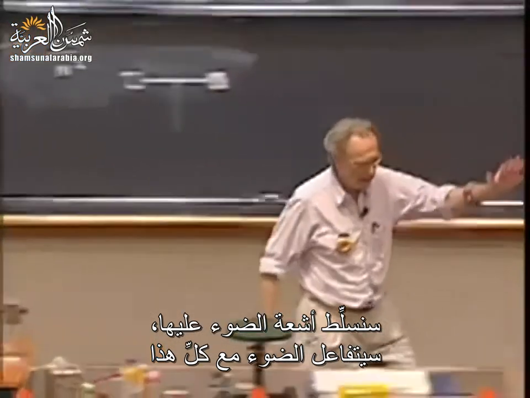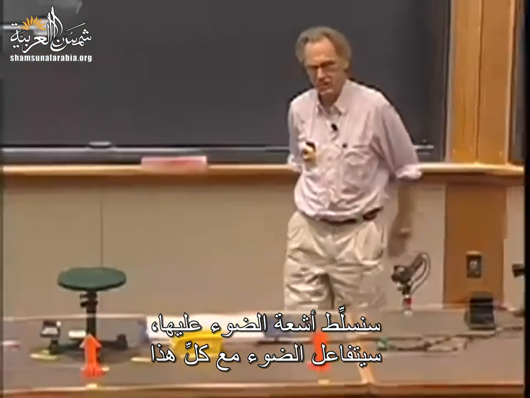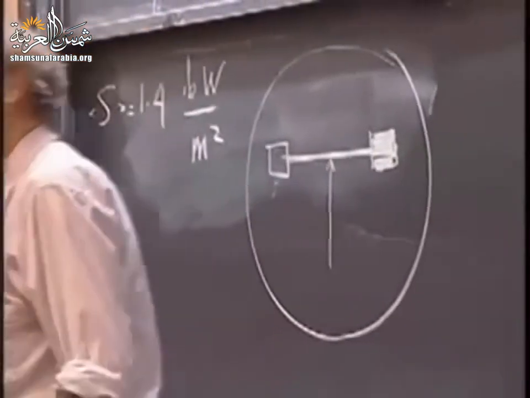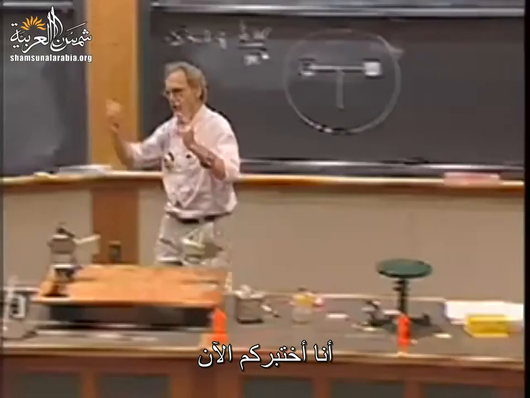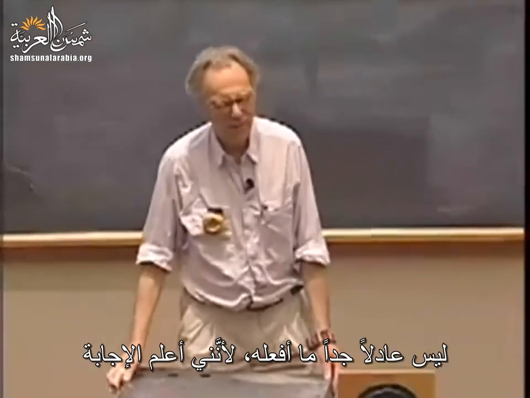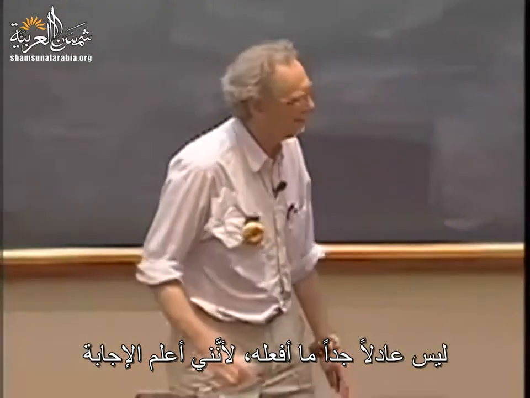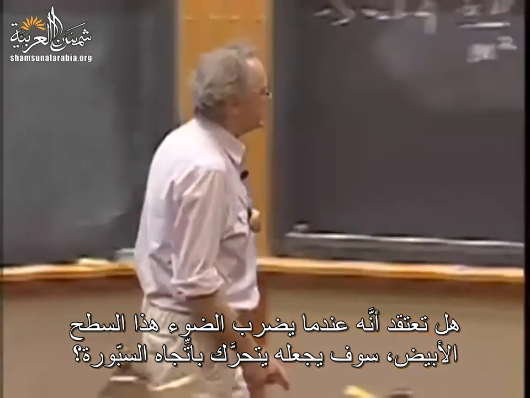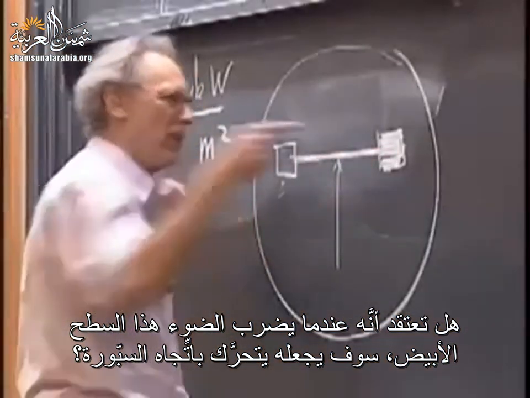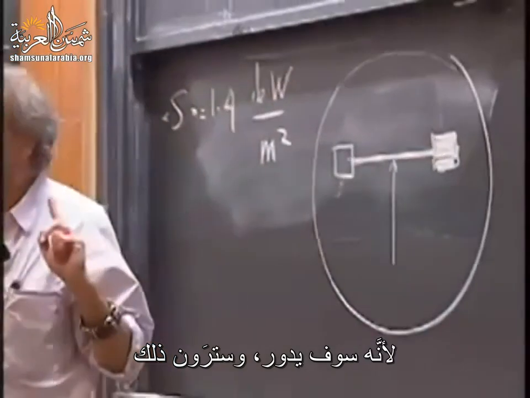And we're going to radiate light on this. So the light will interact with this whole thing. And now I'm testing you. Not very fair what I'm doing because I know the answer. Do you think that as the light strikes, this white surface will start to move into the board? Because it's going to rotate, you're going to see that.